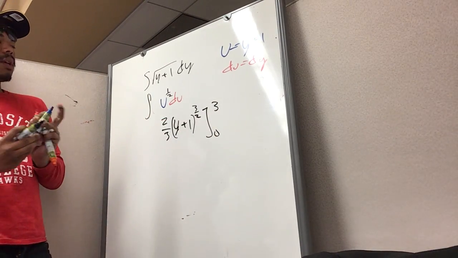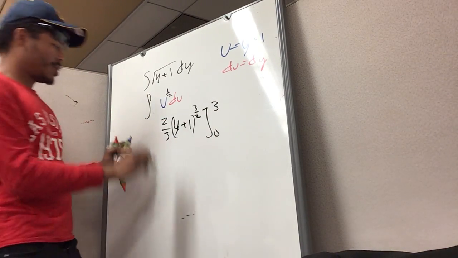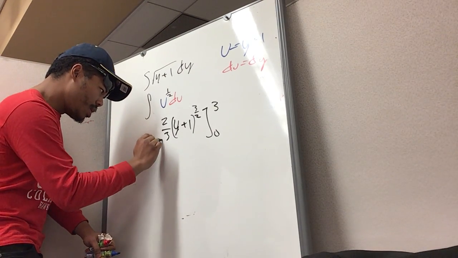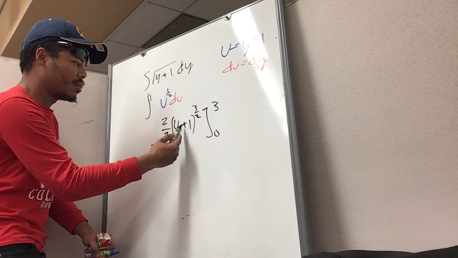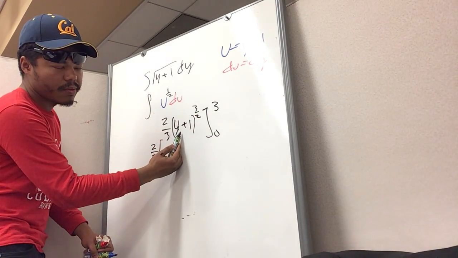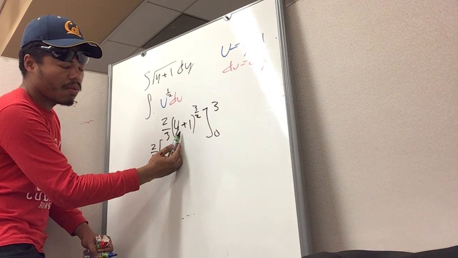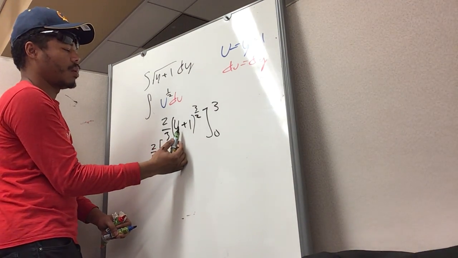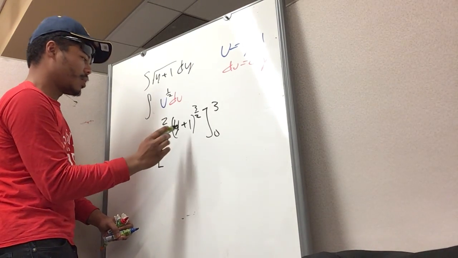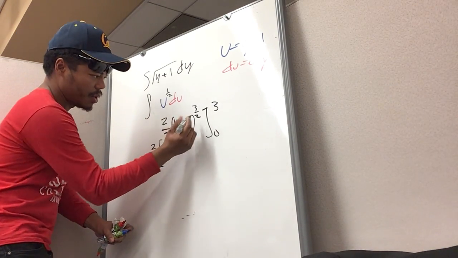I was going to just say, plug it in yourself, but since it's a little tricky, 2 over 3 times, put in a 3, that's 4. 4 to the 3 over 2. That's not how you think about it.